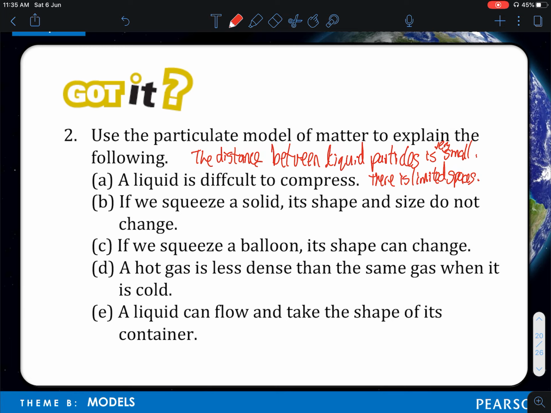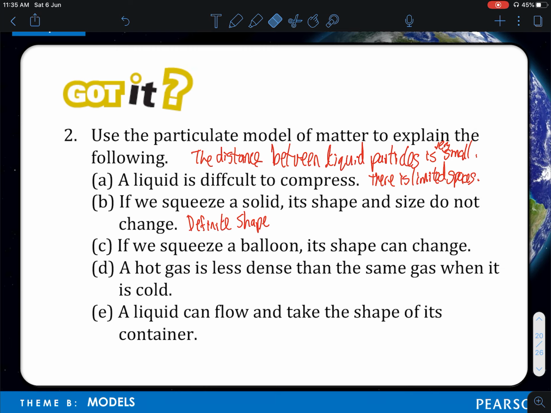Next, B. If we squeeze a solid, its shape and size do not change. Why? Because the solid has the property of a definite shape. This one you can reflect back on the previous few slides that I went through already.